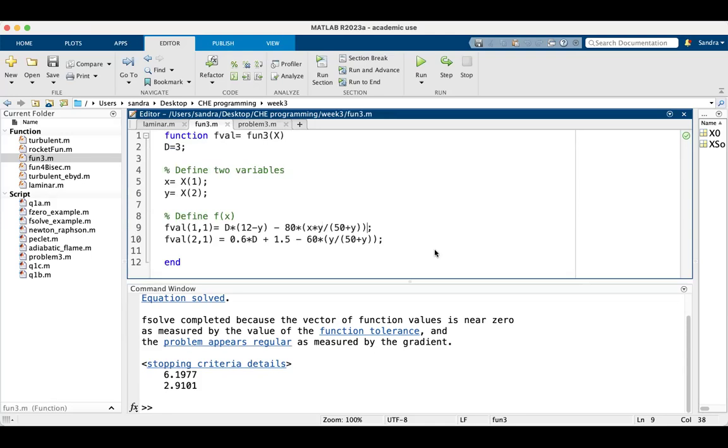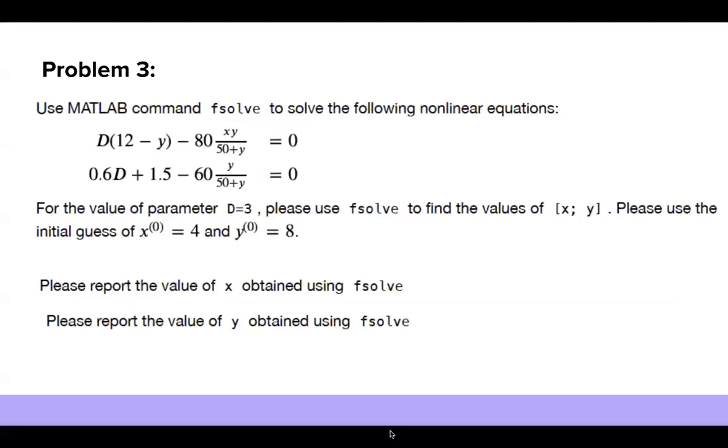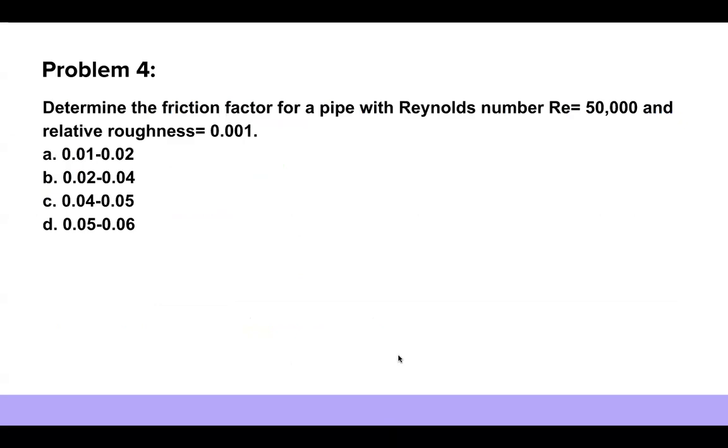Now going back to the next question, I hope you understood. In case you didn't understand, please stop me and you can unmute yourself and ask a question or put it in the chat box. So this is the next question. Determine the friction factor for a pipe with the Reynolds number and relative roughness given.